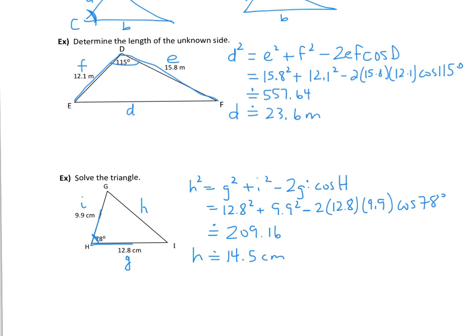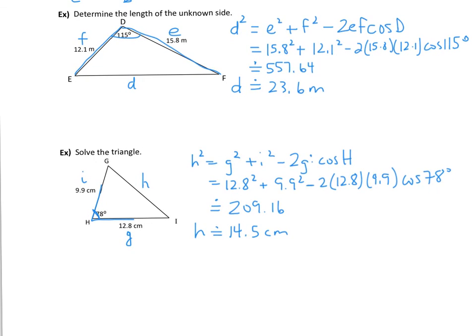Now, solving means find all your missing information. So at this point, we still need to find angle G or angle I. Now that we have side H is 14.5 centimeters, we can use our sine law because we have an angle and a side across from it. We could use a side and the angle across to solve for that angle across.